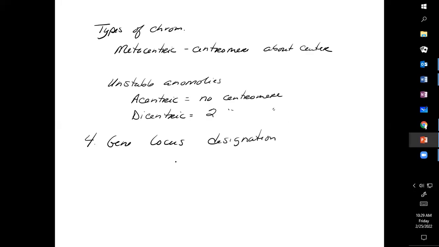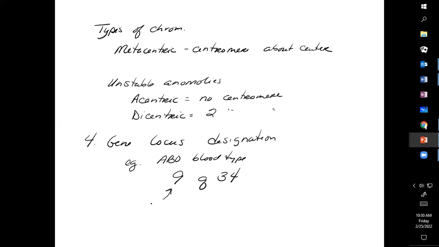I guess this is best done by example. I'm going to give you the ABO blood type locus. The gene that codes for that carbohydrate branching enzyme that determines your blood type is located at 9q34.